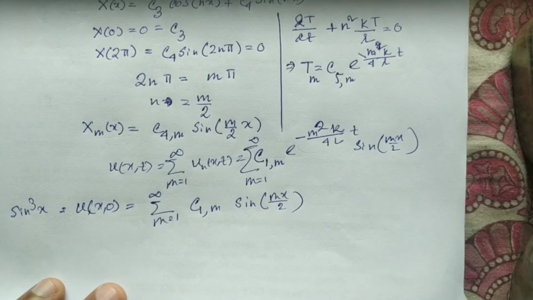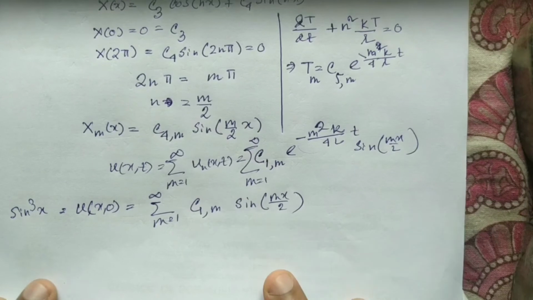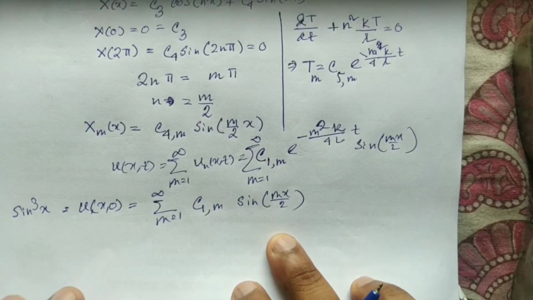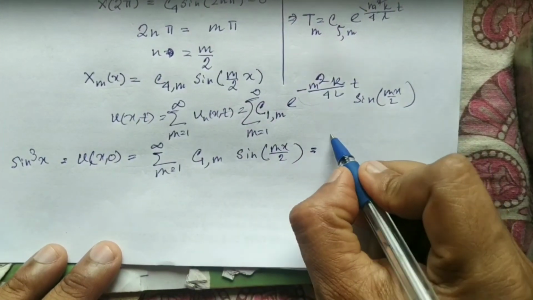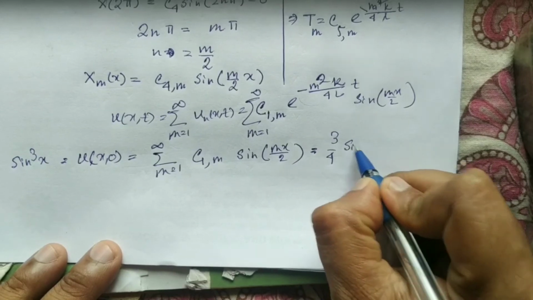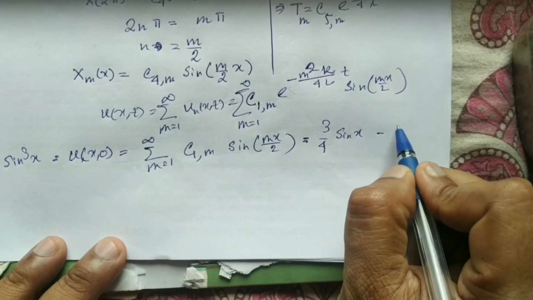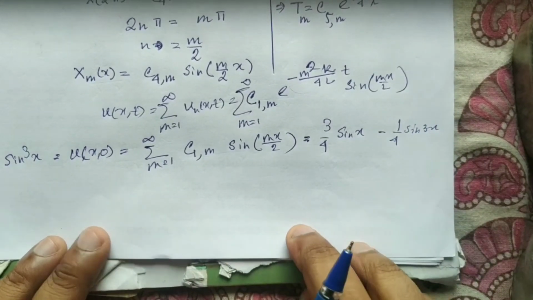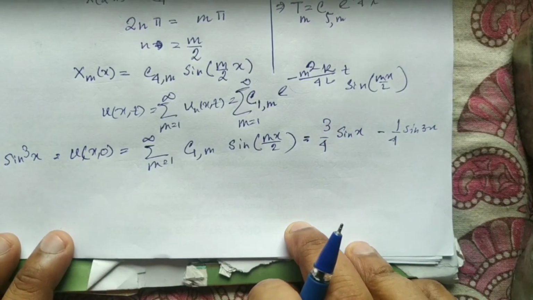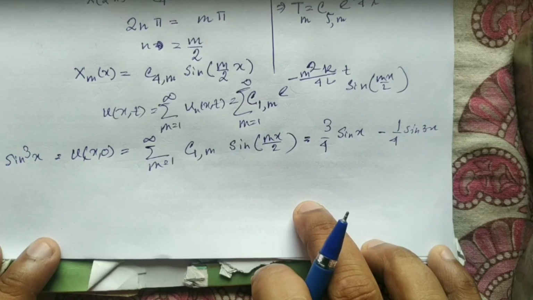Now there should be a Fourier series transform, and we can break it in which form. Suppose this is equal to 3 by 4 sin x minus 1 by 4 sin 3x. Okay, so there is no cube, but there is nothing like that, so we can now compare.